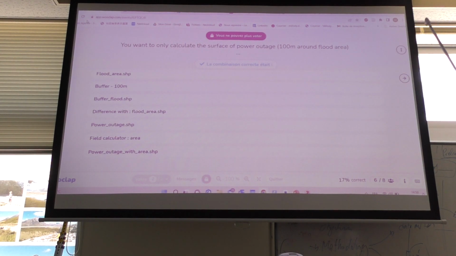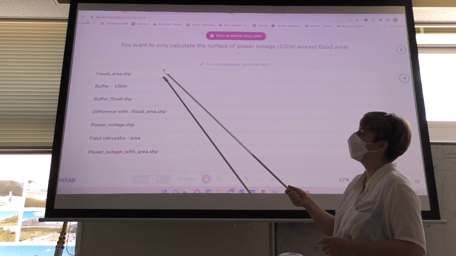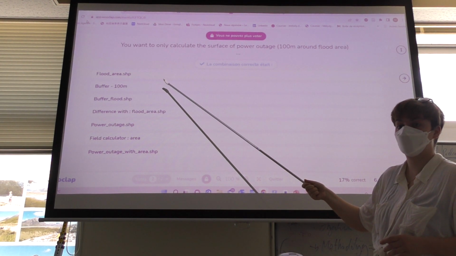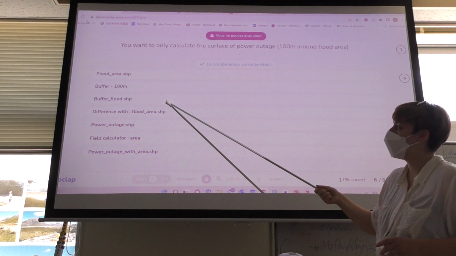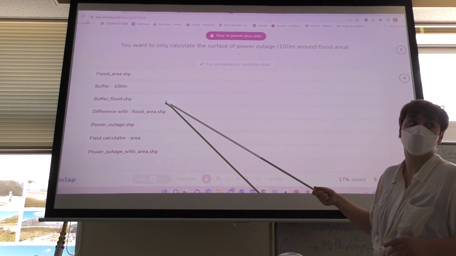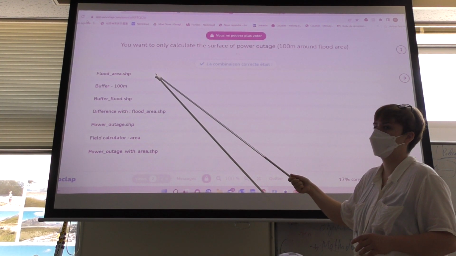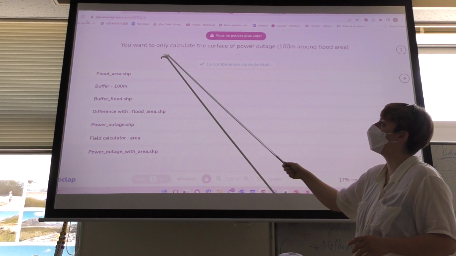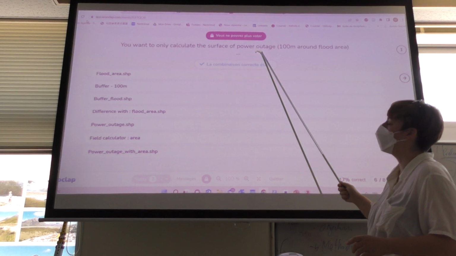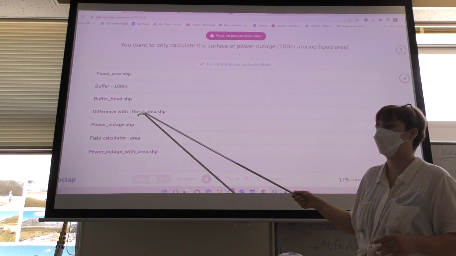So first you have your flood area shape, okay? And then you have to do the buffer, 100 meters, which gives you the buffer flood shape. But if you remember last week, when we have a buffer, it will cover the flood area and the outage power area. So to have only the surface of power outage, we have to do a difference with flood area.